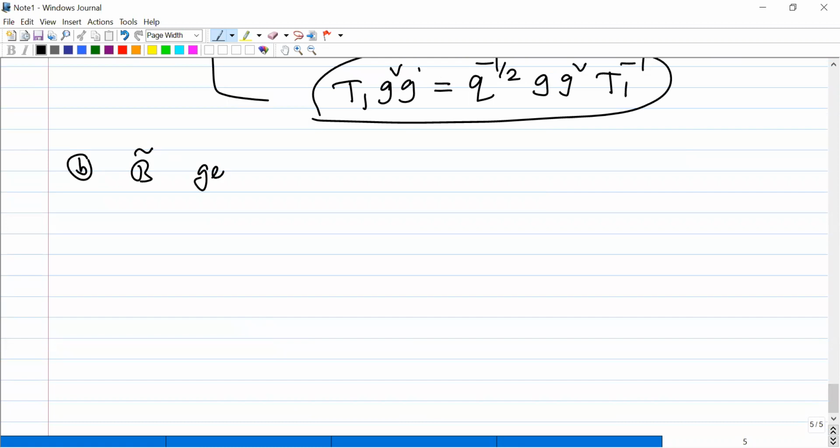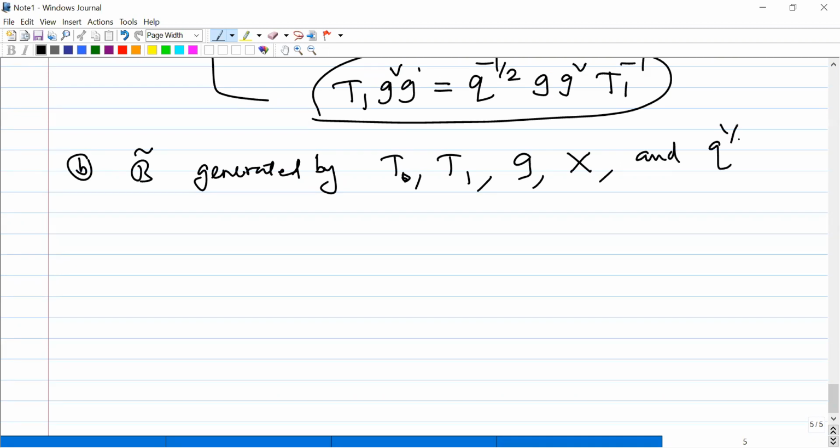So B tilde is generated by T naught, T1, G, X, and this q power of. So q power of is always central. Okay. So whenever I write q power of, this is always central. So with the relations, G square.